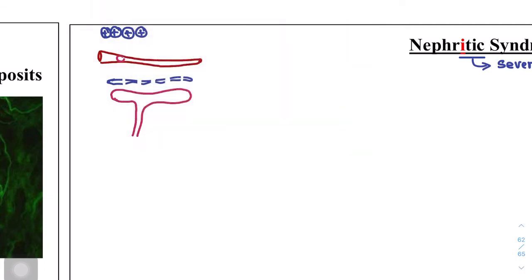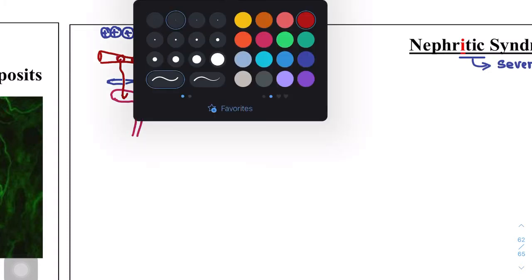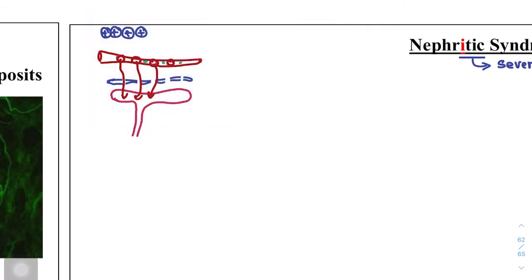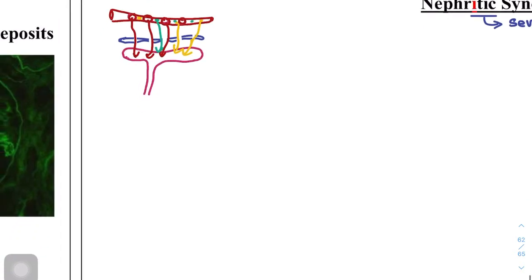In this situation, even red blood cells will enter. Let me use red for red blood cells. Even red blood cells will enter. There's no need to ask about proteins. All of them will also enter. We get proteins, we get everything basically leaking into the Bowman space.